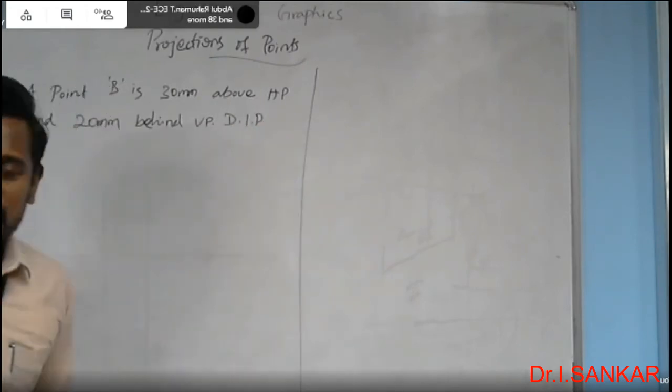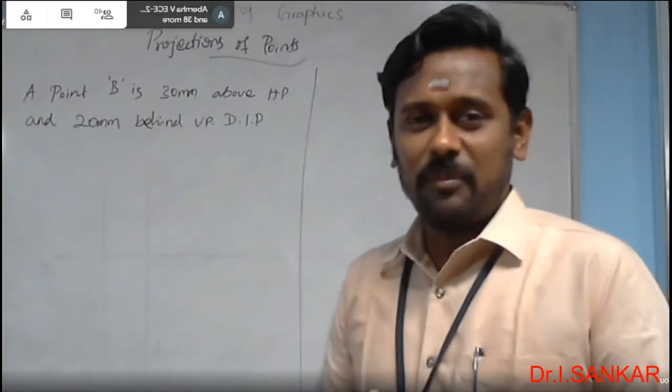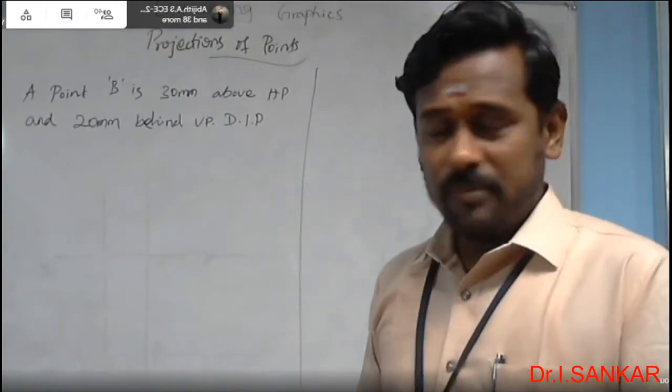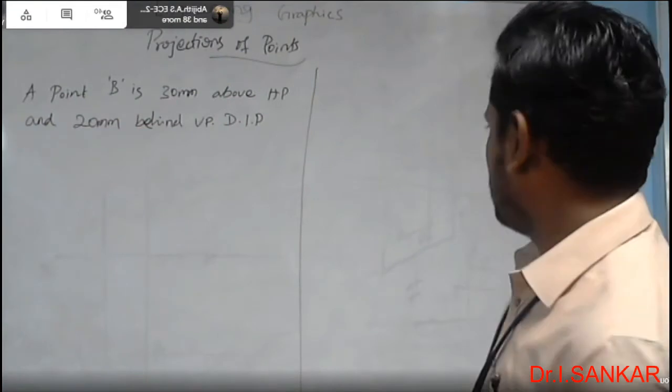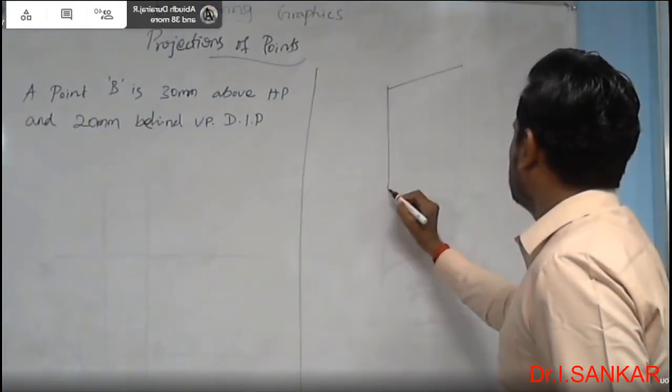And you have to draw its projections. One more point. Point B, capital B, located 30 mm above HP and 20 mm behind VP. Let me draw the environment.